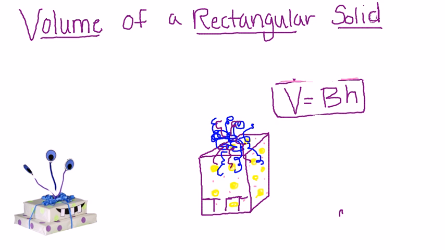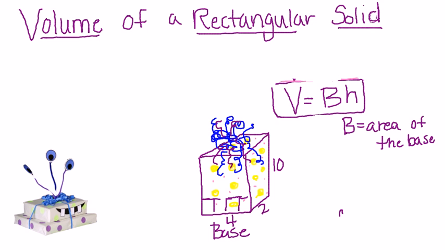Now, our base of our figure is right here. And if you notice on the reference sheet, the big B means the area of the base. And the base is always what the figure is on. So the base is down here at the bottom. So if I say that the base is 4 by, say, 2 by 10, let's use inches here, just to make it a little bit simpler.